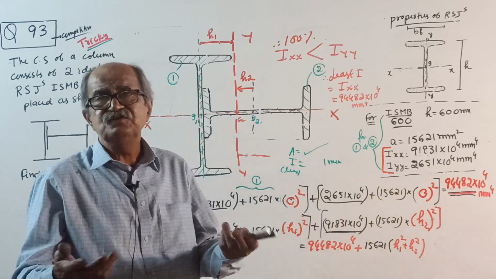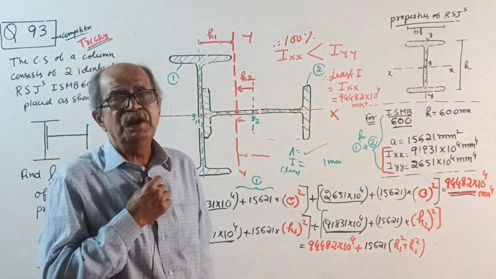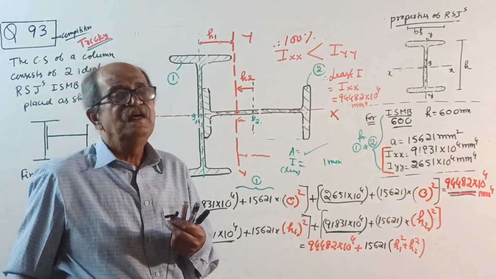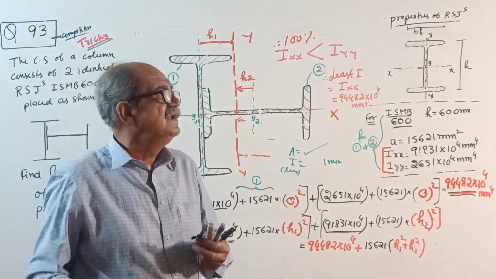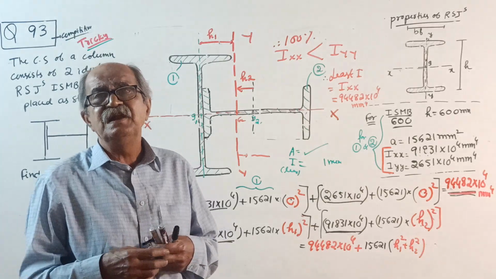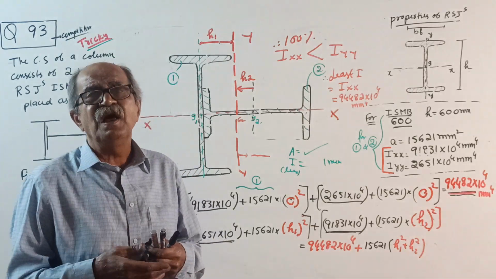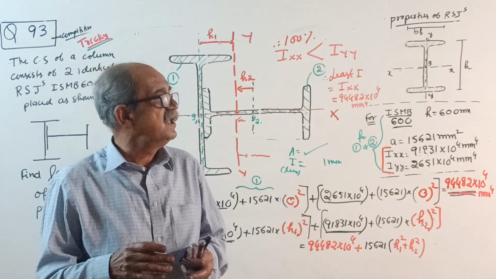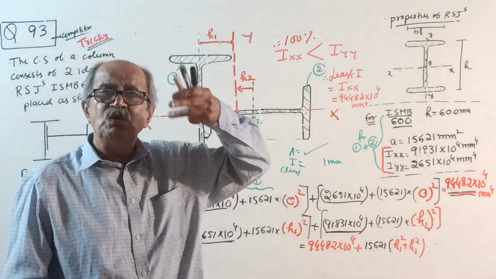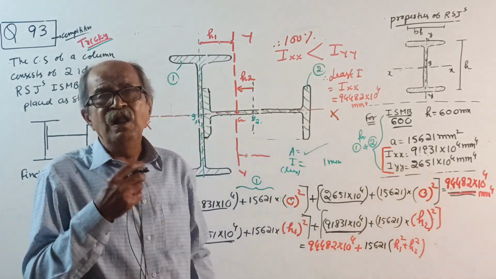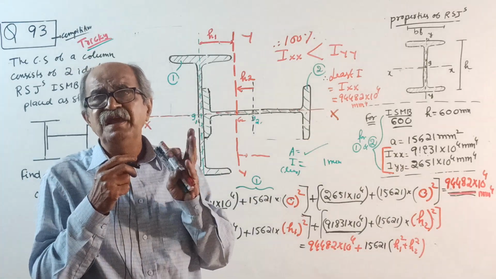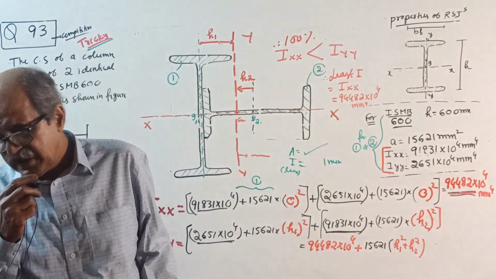So next class will be channel section. One class is sufficient for channel, then one last class for angles, and one class for gantry girder, a little big question. Maybe 3 or 4 more classes required. Then I will once again go back. All this is dedicated to steel structures. Thank you.